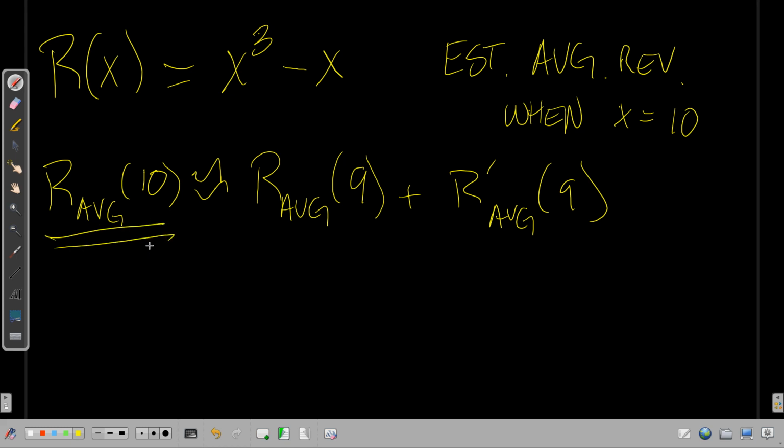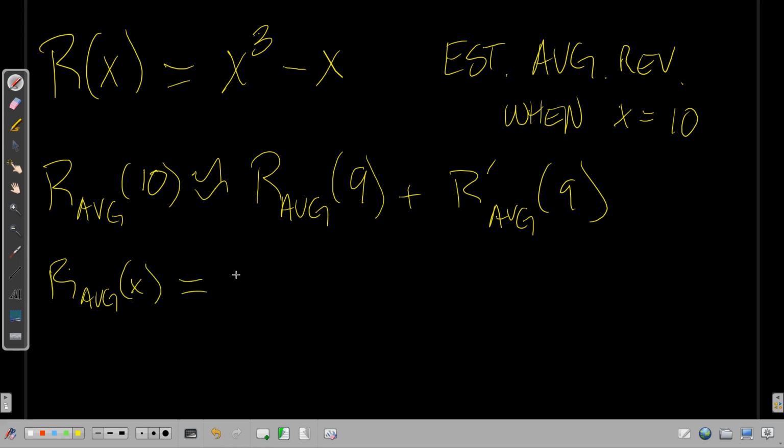This is what I'm looking for. This is what it's approximately equal to. So this is my estimate over here. Then all I need is the average revenue function and its derivative.